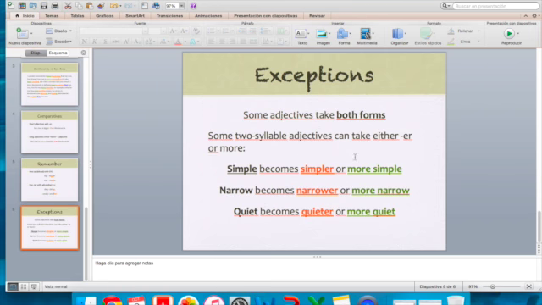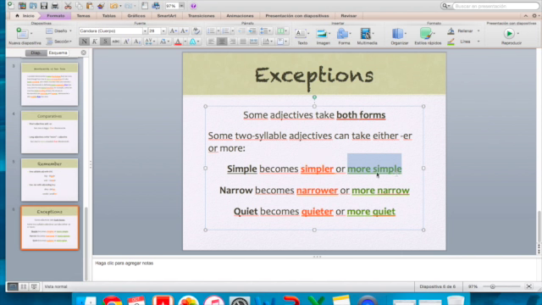Here we have some exceptions. This is important to consider because some students always ask me, Cindy, should I say, for example, simpler or more simple? Well, some two-syllable adjectives can take either er or more. For example, the adjective simple. You can say simpler or more simple.